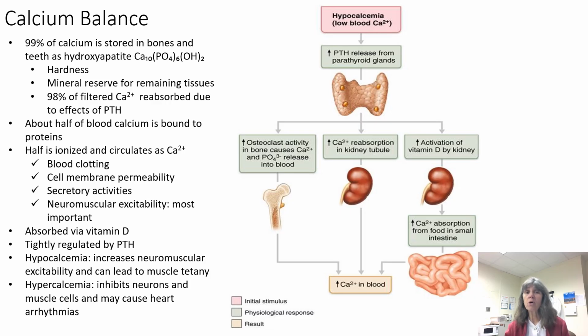When parathyroid hormone is secreted, 98% of the calcium that's filtered into potential urine will be reabsorbed by the kidneys. That's how strong parathyroid hormone action is on the kidneys. Parathyroid hormone does this because it stimulates osteoclast activity in bone tissue, causing the release of hydroxyapatite in a form that's broken down into calcium and phosphate.